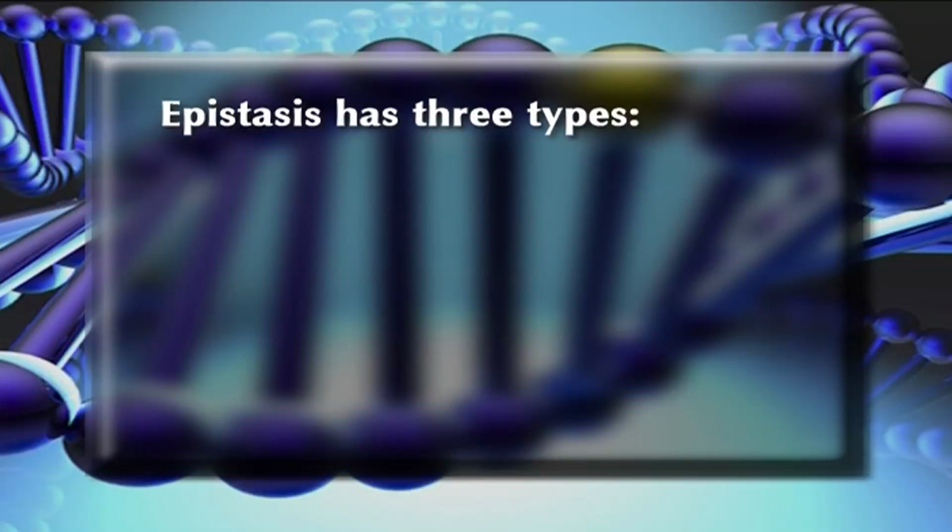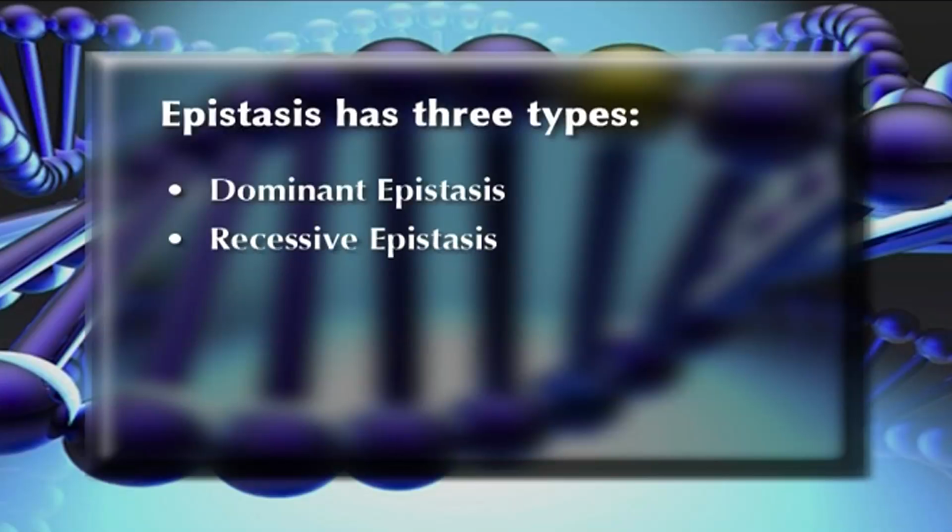However, it has been found that epistasis is not a simple phenomenon of one gene suppressing another. Both the non-allelic genes may be mutually epistatic to each other. Epistasis is of 3 types. Number 1, dominant epistasis. Number 2, recessive epistasis.